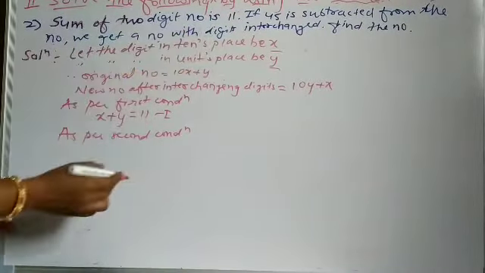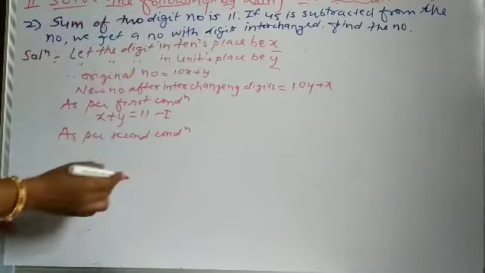Now rearrange this: collect the similar terms, 10x minus x, 9x, y minus 10y, so minus 9y, and take this minus 45 to that side, it will become plus 45. So 9x minus 9y is equal to 45.